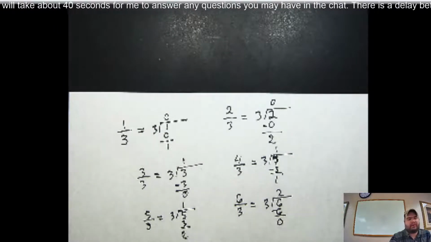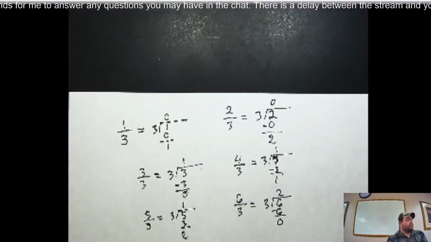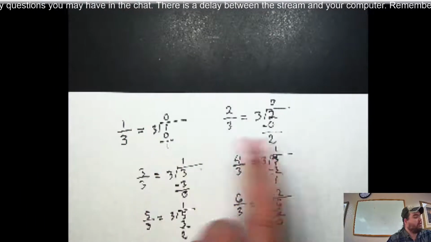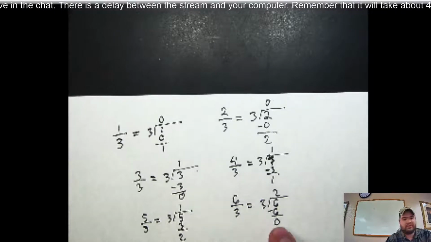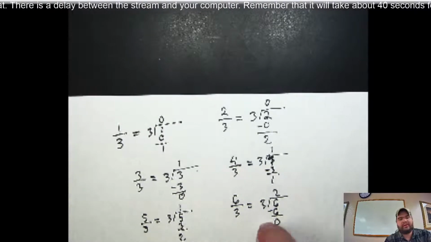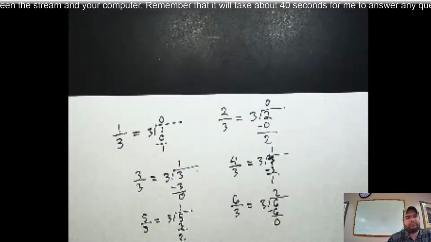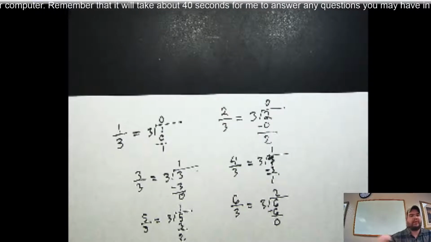You might see that there's a pattern going on here. So, if we look at this pattern, we see that we have remainder 1, remainder 2, remainder 0. Remainder 1, remainder 2, remainder 0. And it'll keep repeating on and on like that. This is cyclical. There's a pattern, and it keeps going in a circle.